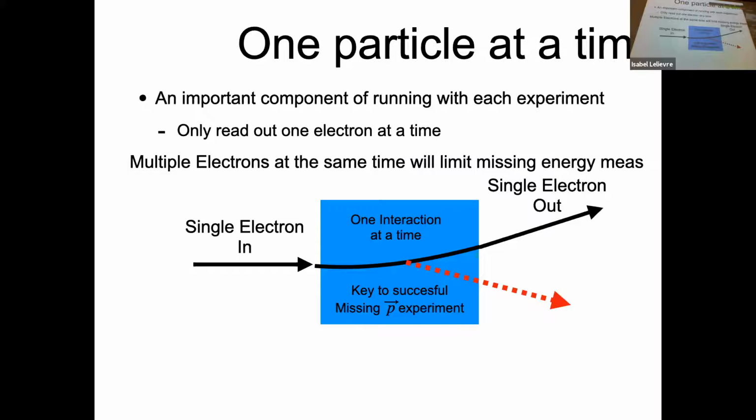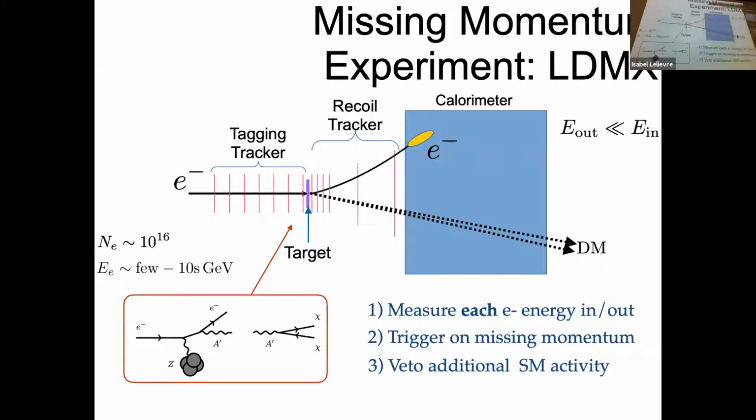The other thing to mention about these experiments is the way to do this effectively is a single electron at a time. It's very easy to make a beam of a gazillion electrons. So you can have 100 electrons come in and hit your target and all scatter. The problem is 99% of the time, the electron's going to radiate pions, kaons and so on.